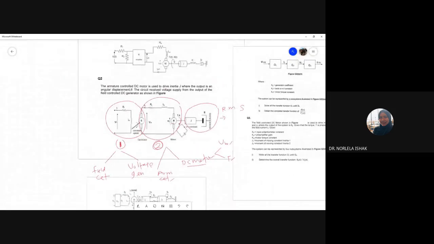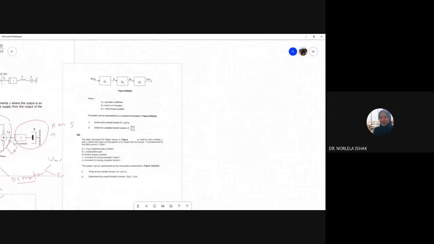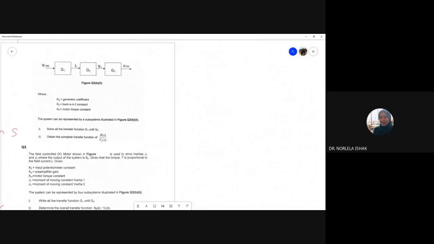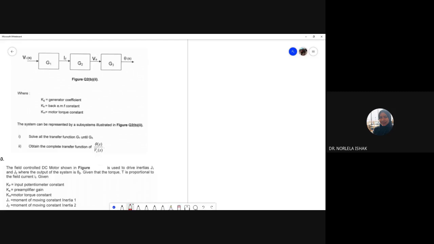That's number 2, this is for number 2 at the top, actually from equation number 2. Madam will share the tutorial on WhatsApp.